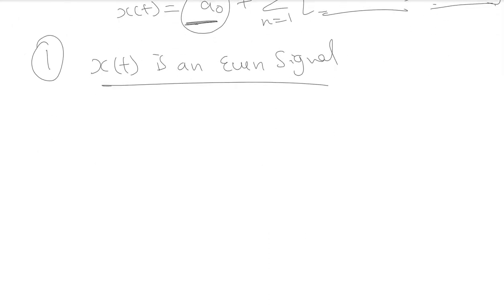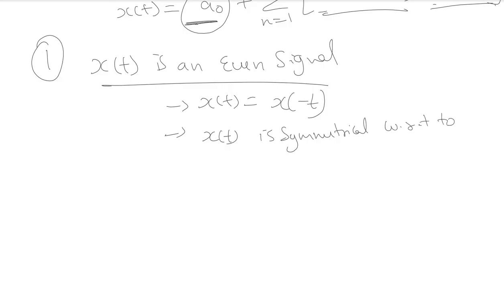If xt is an even signal, that is xt is equal to x of minus t, then if we analyze the plot, xt should be symmetrical with respect to the y-axis or the vertical axis. So based on these conditions, we can say that xt is an even signal.